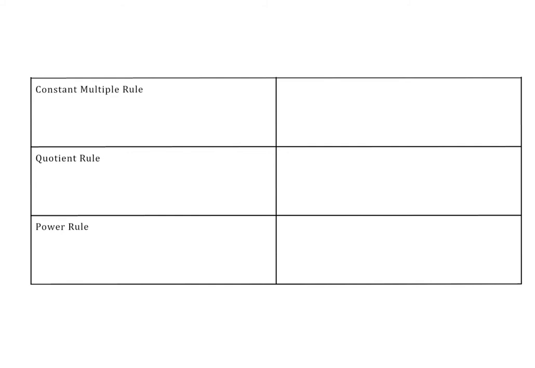All right, 3 more properties. The constant multiple rule is simply, if you have a limit as x approaches a value, and let's say we have a constant times a function, it is the same as the limit as x approaches the value of f of x, and that constant can come out in front.